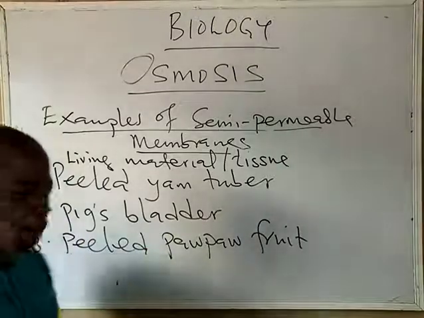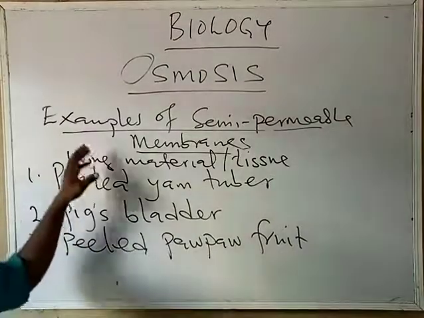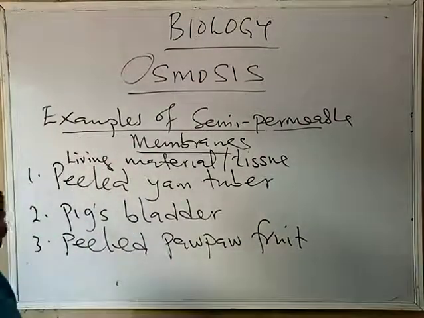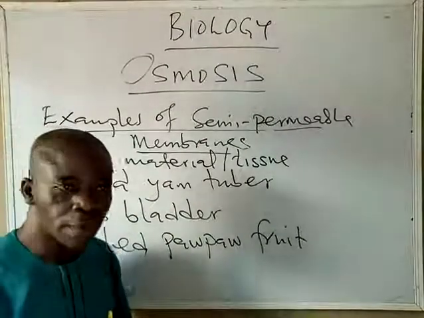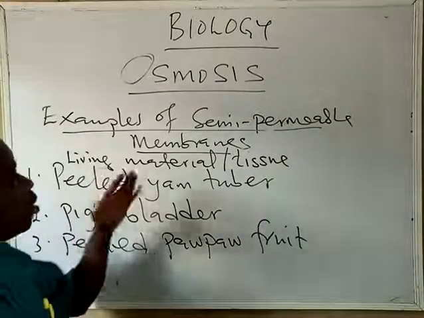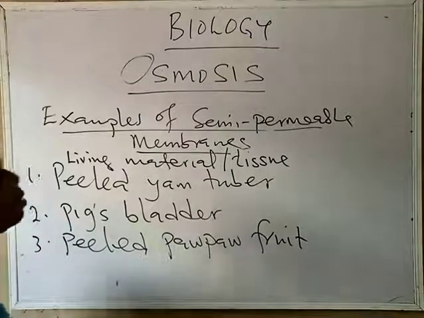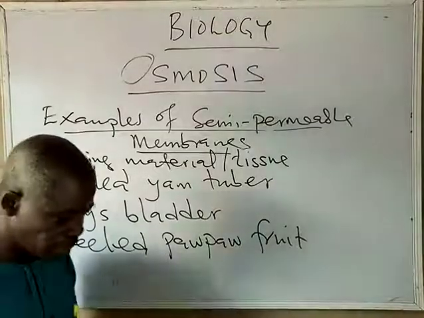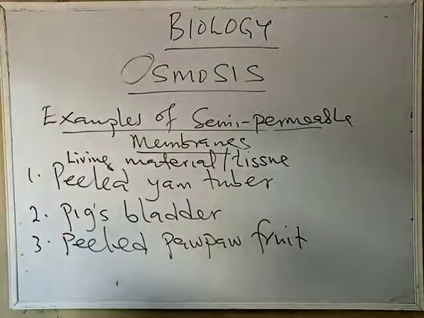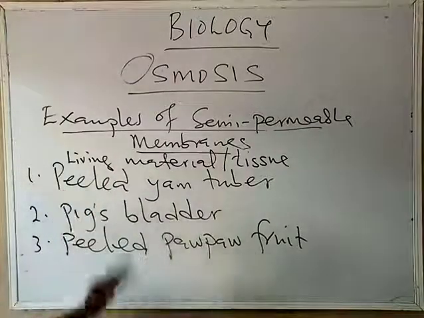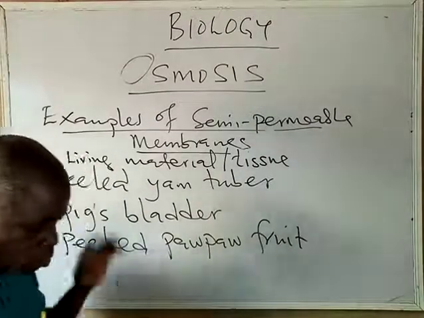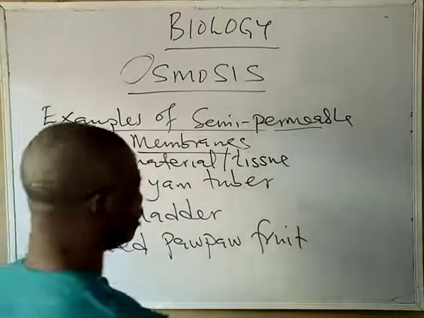So in a practical sense, we could use either living tissue to serve as our semi-permeable membrane, or we use a non-living tissue to serve as our semi-permeable membrane. And all of these will allow only water molecules to pass through them.